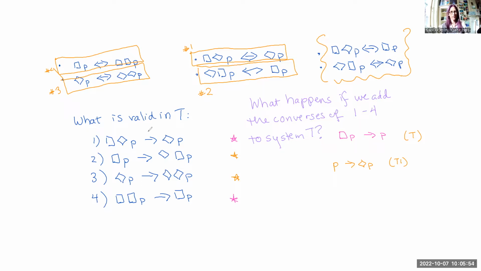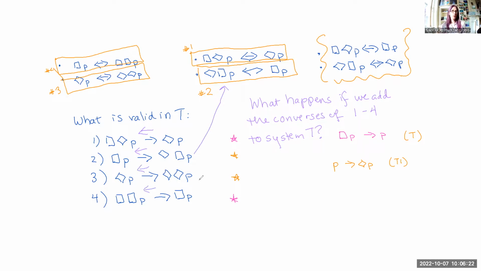So possibly P implying possibly necessarily P, or necessarily possibly P implying necessarily P, and so on and so forth. Wait a minute. Did I get this wrong? No. This one really is one direction of that. And so we want to know what happens if you take the other direction. And similarly here and here.